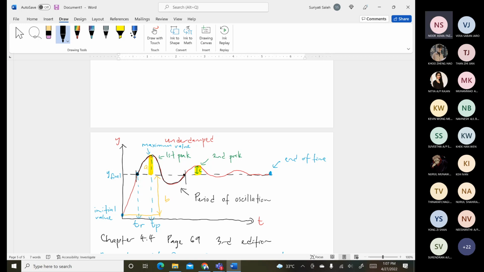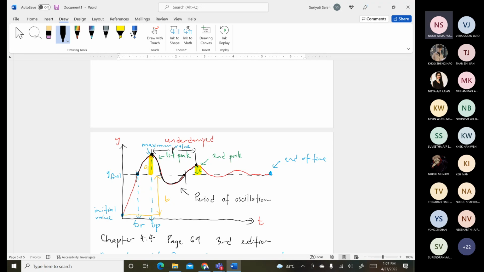Or sometimes we can measure based on the peak. We can start from this peak, the maximum value at the first peak, and it will go down, and then go up again to the second peak. So this is also called the period of oscillation. The period of oscillation can be determined based on time.